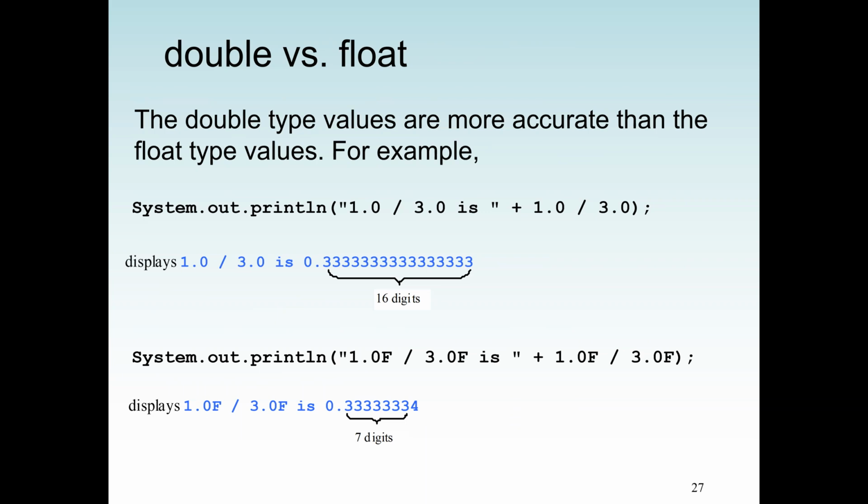For example, if we have 1.0 divided by 3.0, the answer will be 0.33333 and so on. The next one, we can use float: 1.0f divided by 3.0f gives whatever answer we get. So we get almost the same answer.